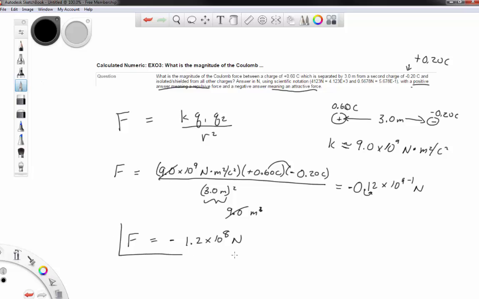Now, with this said, some editions of the textbook actually seem to be giving the answer 1.0 times 10 to the 9 newtons, mutually repulsive. Well, of course, the mutually repulsive part is understandable because, again, they have plus 0.2, whereas I've got minus 0.2.